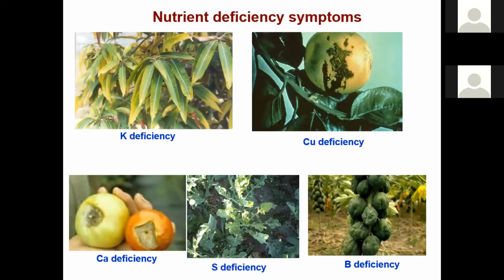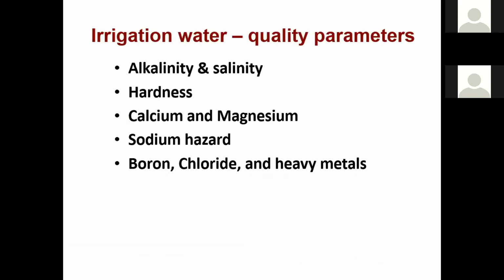Another approach is, if you have expertise, by seeing visible symptoms you can identify the nutritional problem in your crop. These are some examples of how we can see potassium deficiency, copper deficiency, calcium deficiency, boron deficiency. Every plant has different types of visible symptoms, so by that also you can guide the farmers.